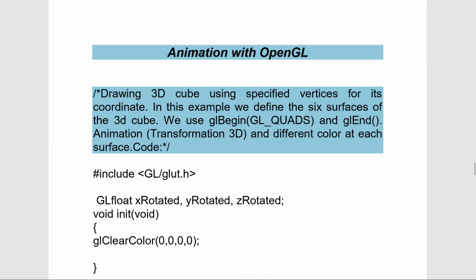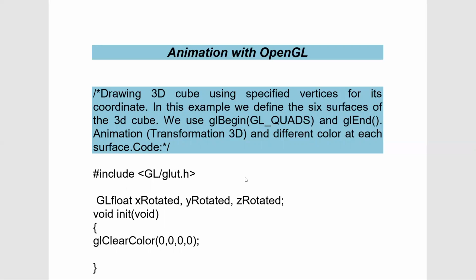So after understanding the first program, now let us apply OpenGL programming to an animation application. This is the application of our learning, in terms of animation. What is the problem statement? We have to draw a 3D cube using specified vertices. The vertices are specified with coordinate values.